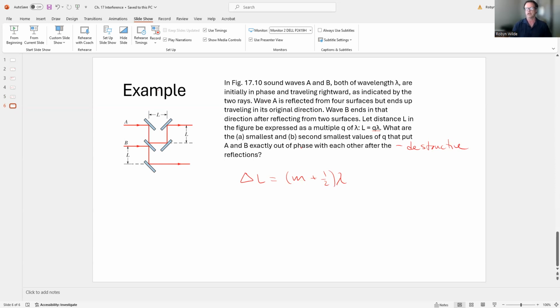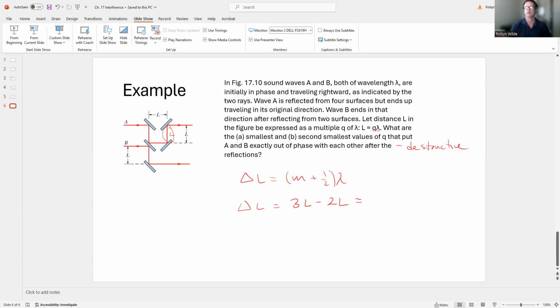So what is my delta L? Well, delta L is 3L minus 2L. Does that make sense? So I've gone through 3L and 2L, and really the difference in distance that the waves have traveled is that A has gone through this extra length L right here. That's the only difference in the path that the two waves have covered.